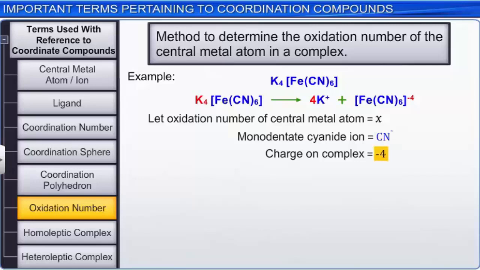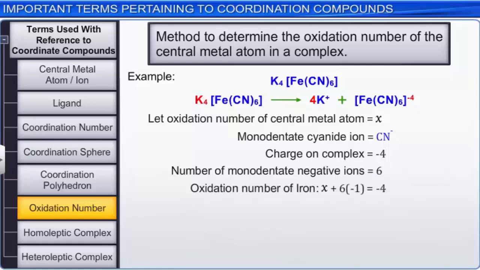The -6 when taken to the other side becomes +6. So the difference between -4 and 6 is +2. So the charge of the central metal ion, or the oxidation number of the central metal ion, is +2. Likewise, we can determine the oxidation number.